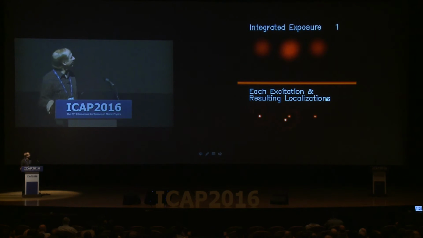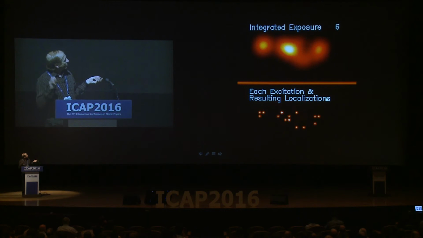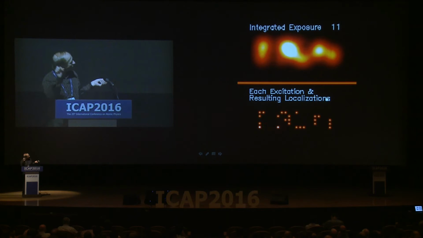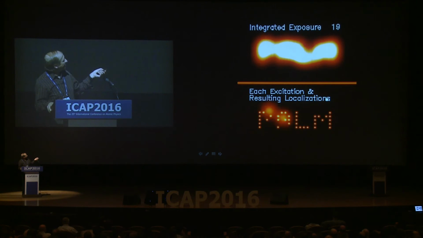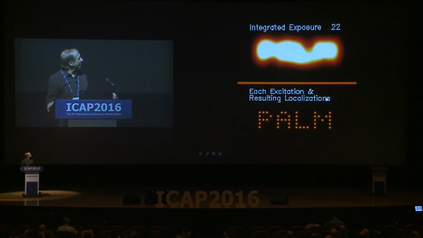So here's another demonstration of the principle. With weak activation, there's just a small subset of labels that are activated. We find the center, write it, activate, find the center, write it, bleach it, and repeat this multiple times. So instead of getting a fuzzy distribution at the top, we can then see what we called photoactivated localization microscopy.